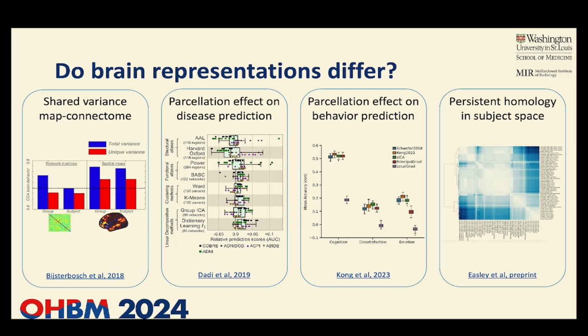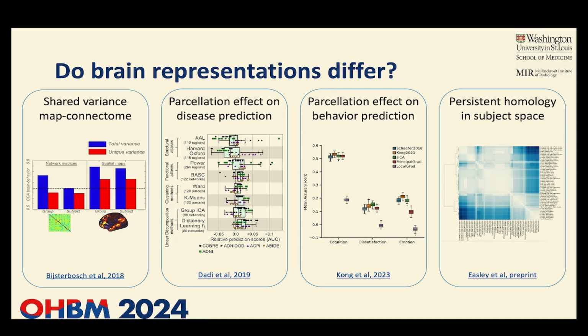The one on the left-hand side is some work that I've done showing that a matrix-based brain representation and a spatial brain representation, which we tend to think of and interpret as quite different, actually share a relatively large proportion of variance, around 60+%.